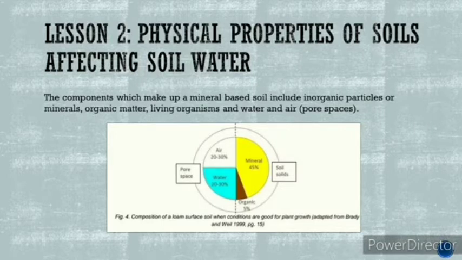In figure 4, this is the composition of a loam surface soil when conditions are good for plant growth. As we can see, mineral is 45%, the air is 20 to 30%, also the water is 20 to 30%, and the organic is about 5%.